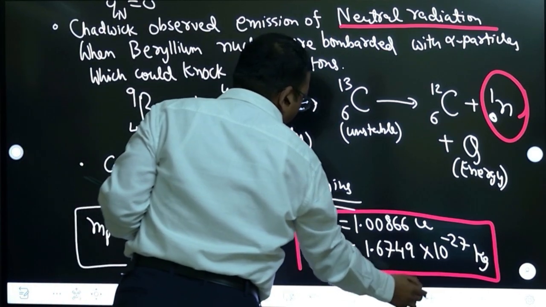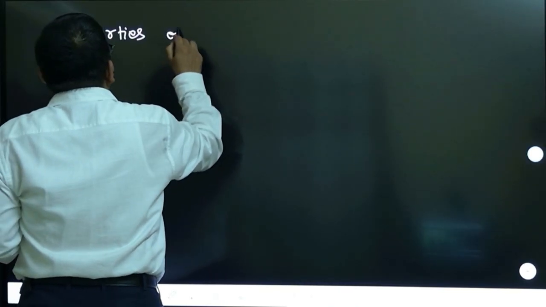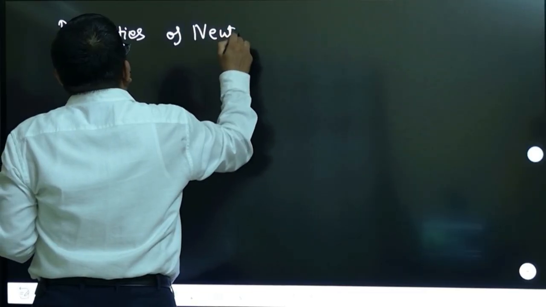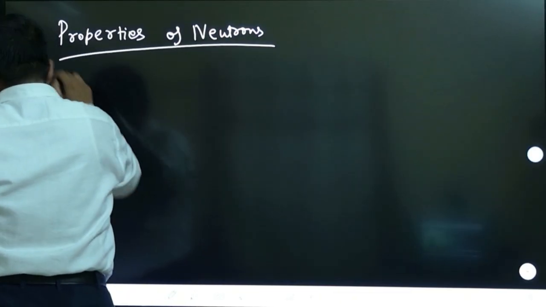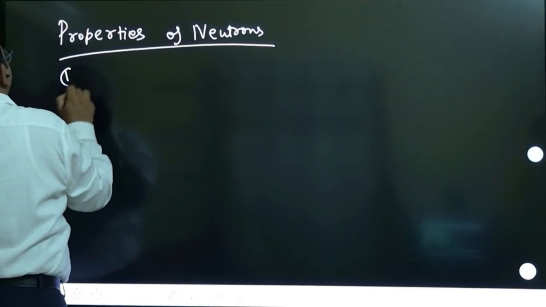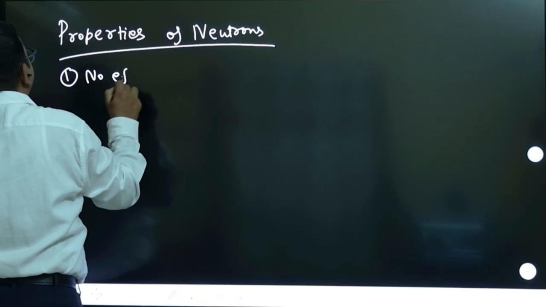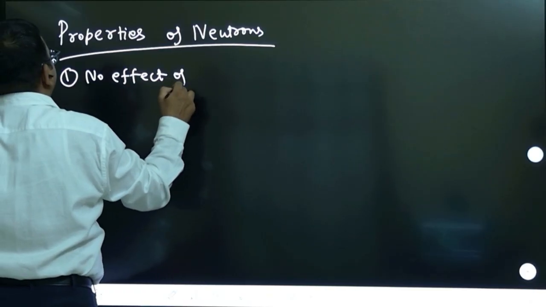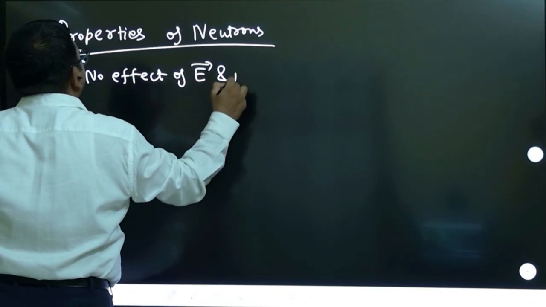Then some properties of neutron. Let us write properties of neutrons. Today we'll try to wind up this chapter, as much as possible. So, no effect of electric field and magnetic field, because it's neutral.